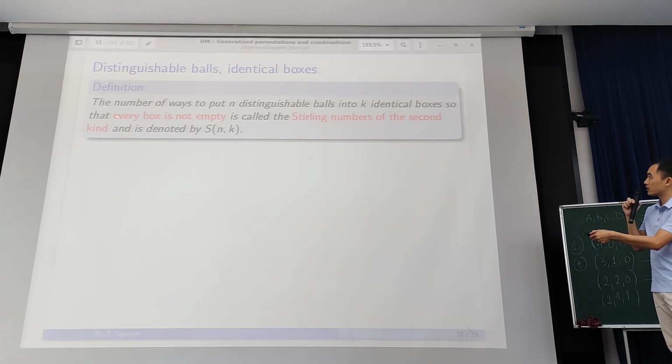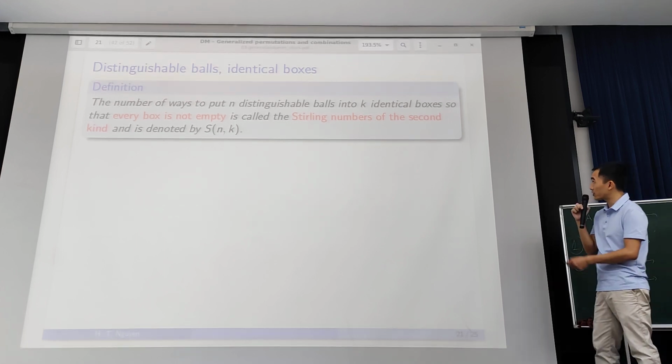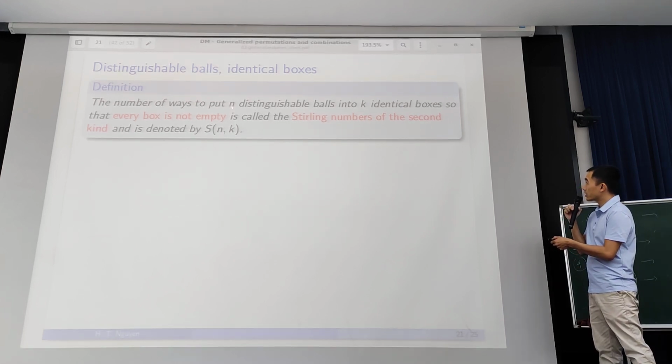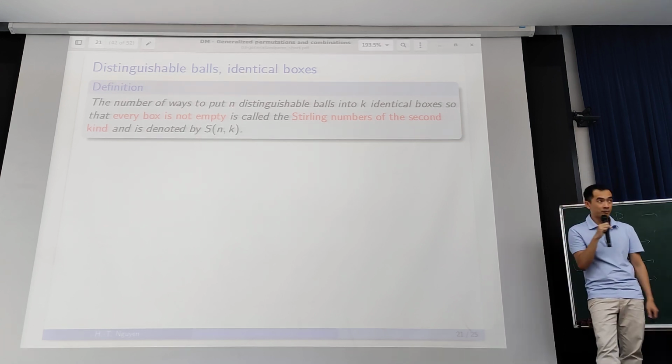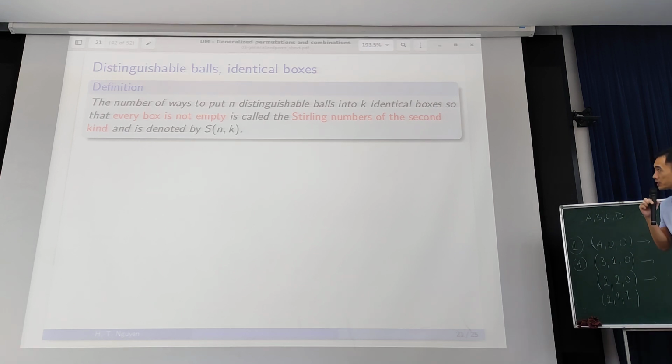If we want every box to be non-empty, then each box must contain at least one ball, so we must have at least as many balls as boxes. That means n must be larger than or equal to k. If n is smaller than k, then S(n,k) is 0 automatically.